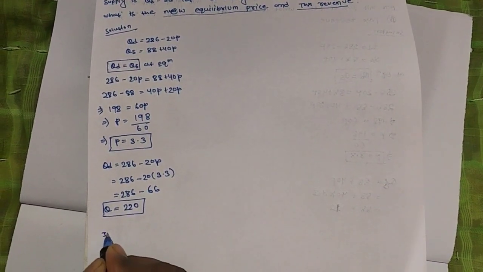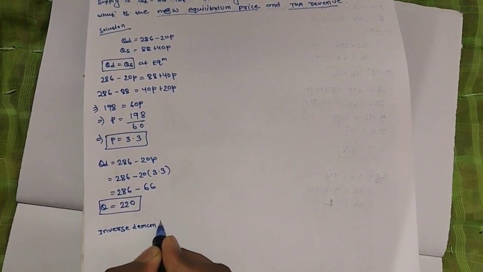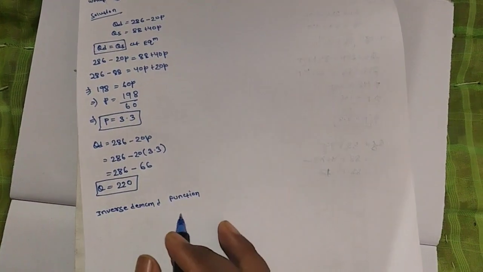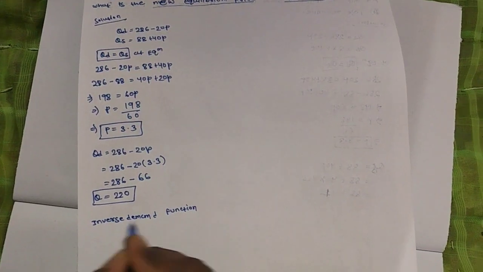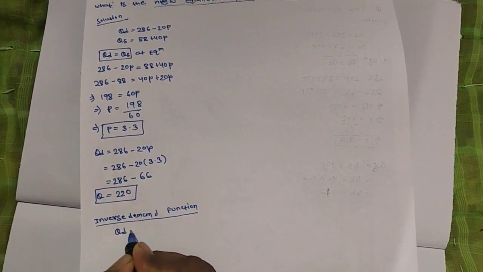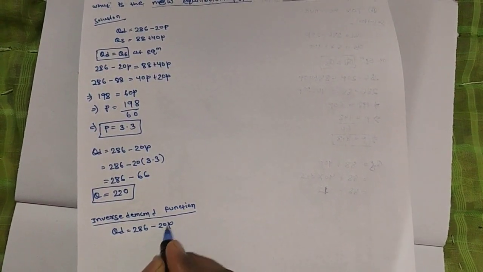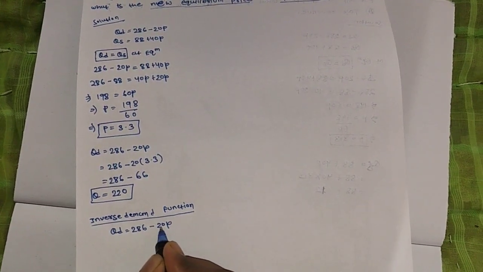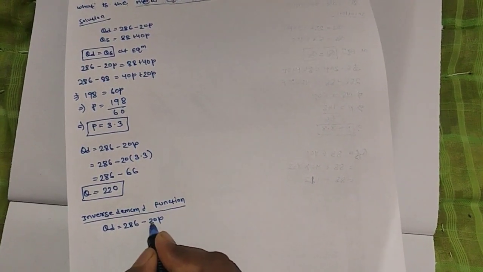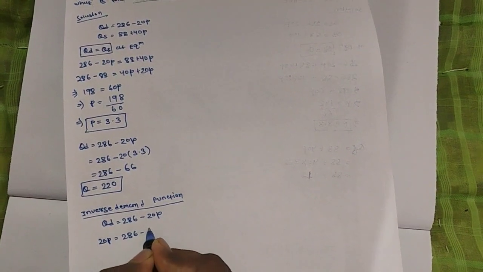Now the inverse demand function can be found from the original demand function, that is QD equal to 286 minus 20p. We have to take this 20p to the left side, so the negative becomes positive. So 20p equals 286 minus q.